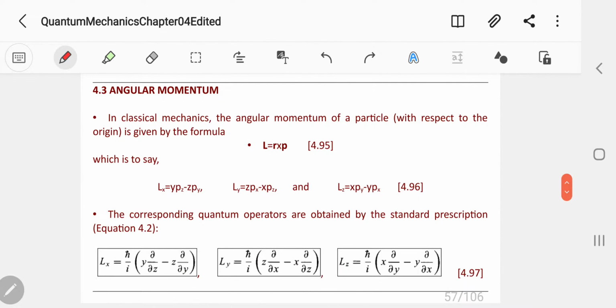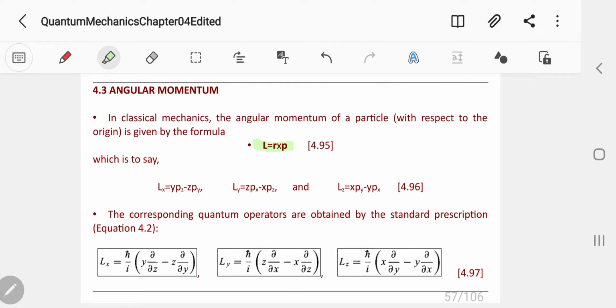So in classical mechanics, we have angular momentum defined to be L, which is r cross p, where r is the distance from the center, or the axis of rotation, for example, to the point where we are applying some momentum.